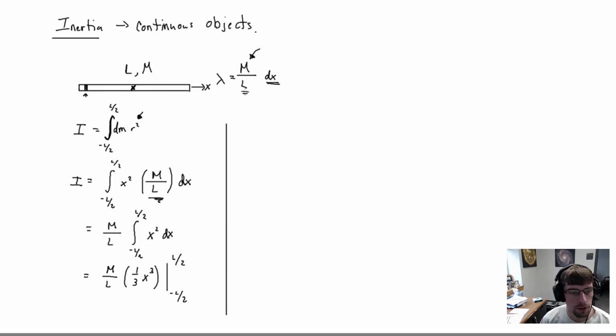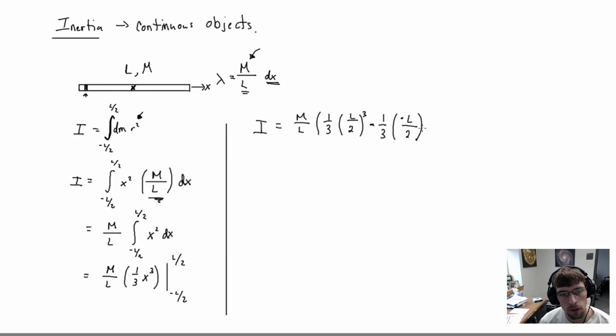You don't need me to do this, you've probably got it yourself. I is equal to m over L times one third L over 2 to the third, minus one third times negative L over 2 to the third. That negative sign is really important here.